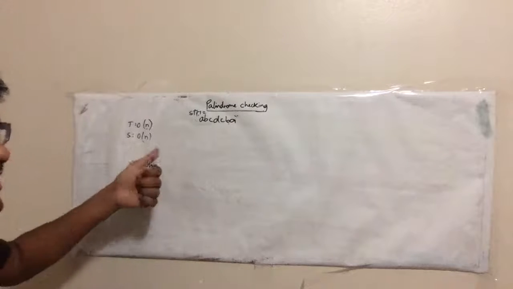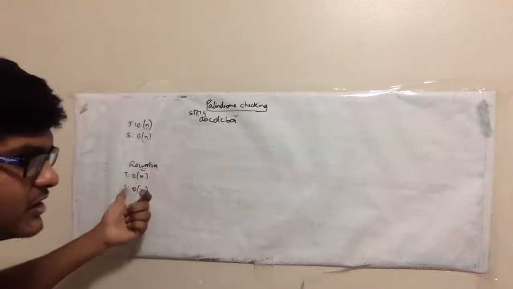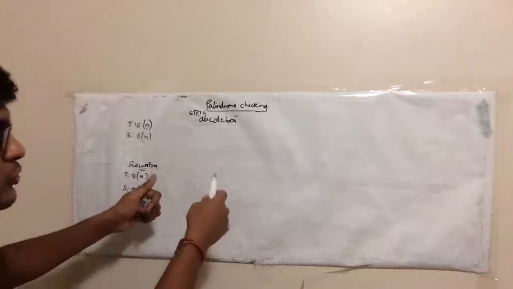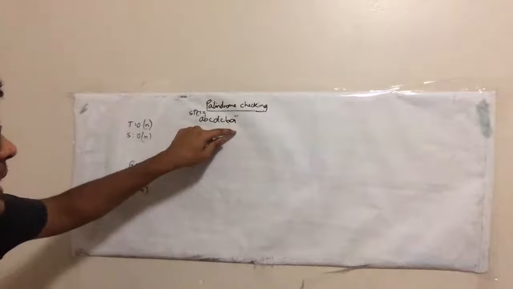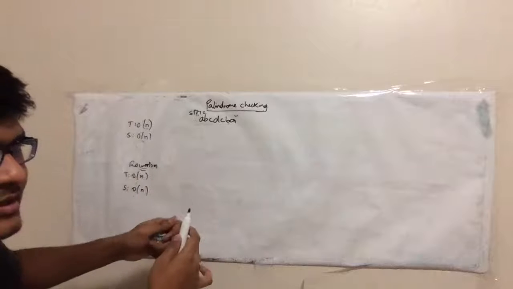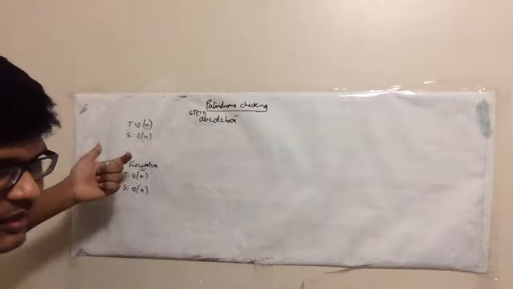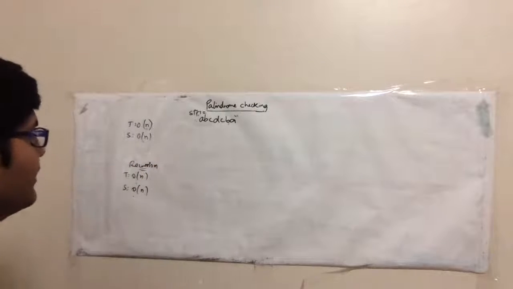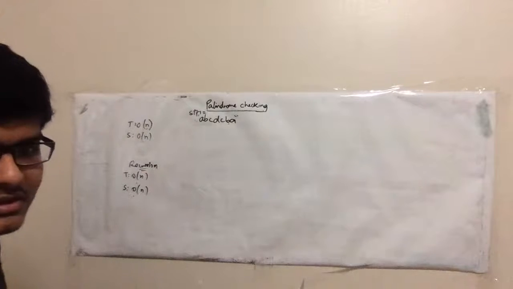We need not even create a list or a string. Just take 2 pointers, the left pointer and right pointer, and just move the pointers. In that case, you are not even creating any list or string. So this will become big O of 1 space complexity.